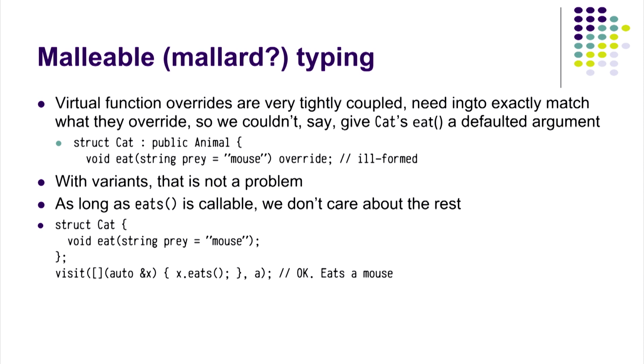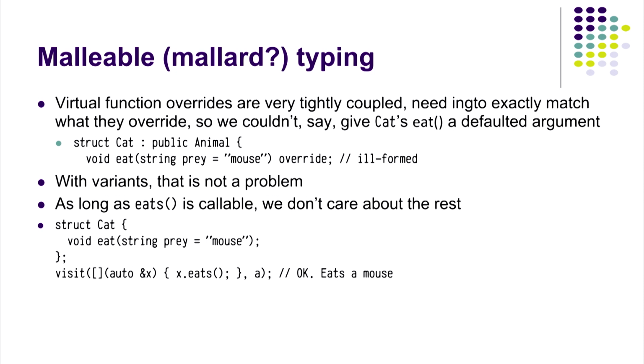Another thing is virtual functions. They're really, really picky about how you override them, right? So it turns out cats don't only eat mice, right? For example, they eat my toe. So what you'd like to do is have the eat method default its argument to being mouse, but let it eat other things.